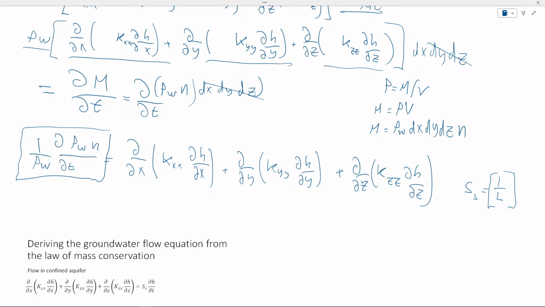So I will have specific storage times partial H, where H is the hydraulic head, and this is equal to these guys here. So basically, this is the derivation of the groundwater flow equation.